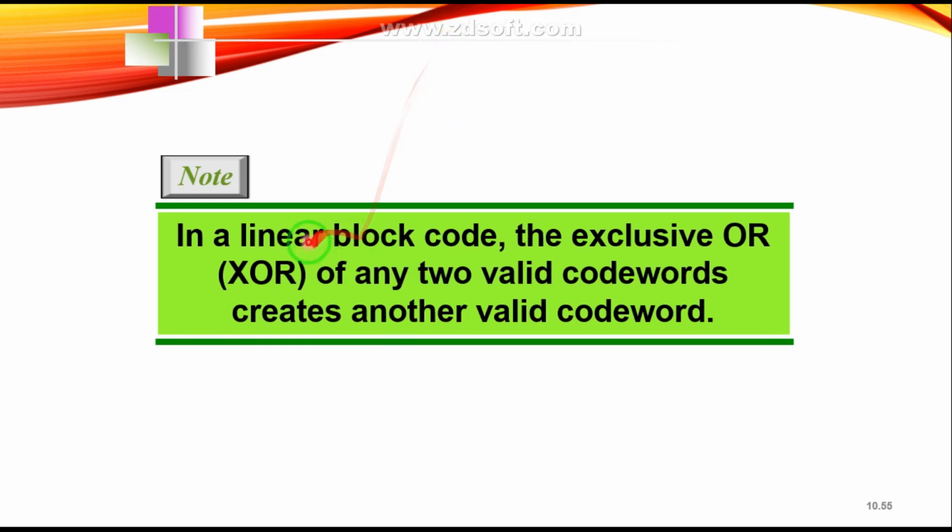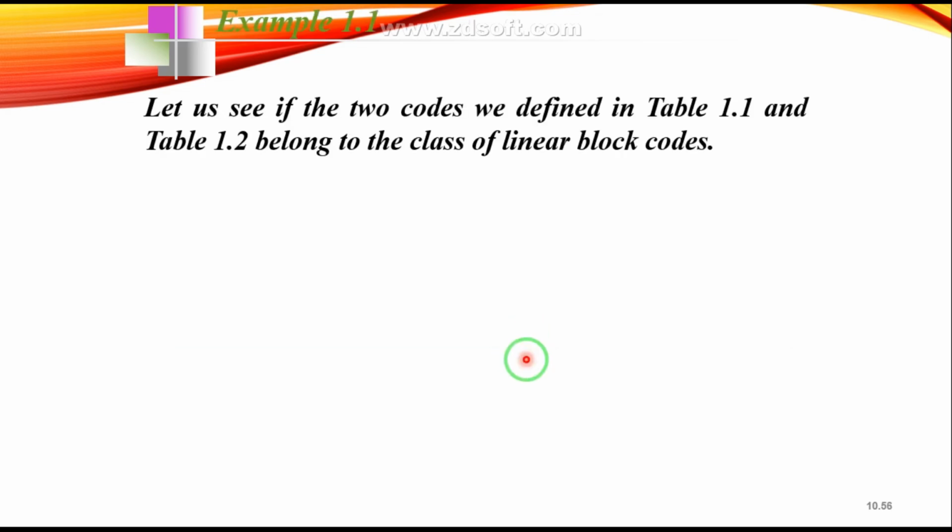As I already told, in a linear block code, the exclusive OR, the XOR of any two valid code words, creates another valid code word. So let us see if the two codes that we are going to define in table 1.1 and 1.2 belong to the class of linear block codes or not.